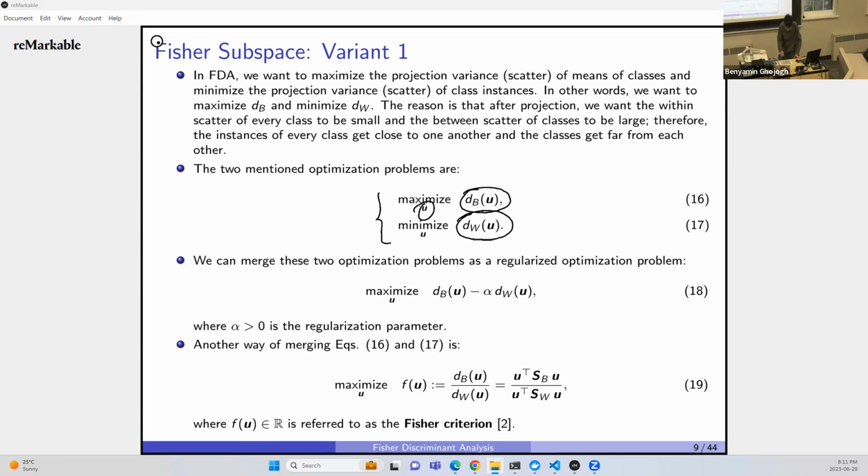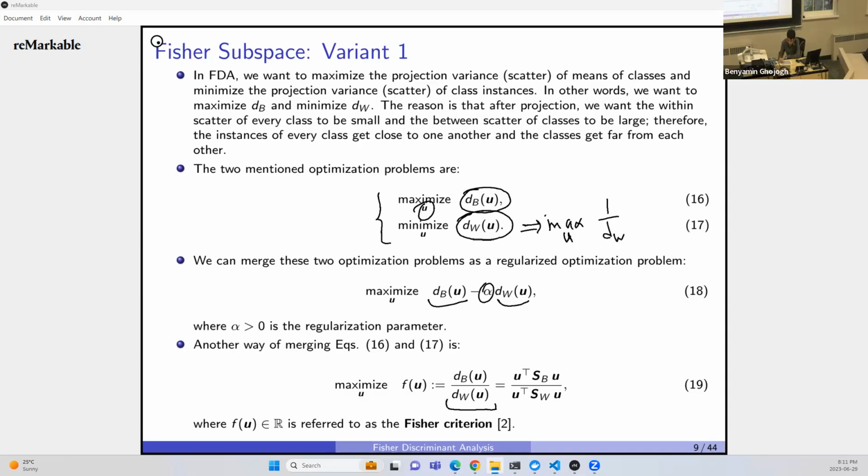One way is to maximize dB minus dW, with some regularization parameter alpha to weight between them. However, another way is to maximize dB over dW. Why? Because minimize dW, you can see it as maximize 1 over dW.